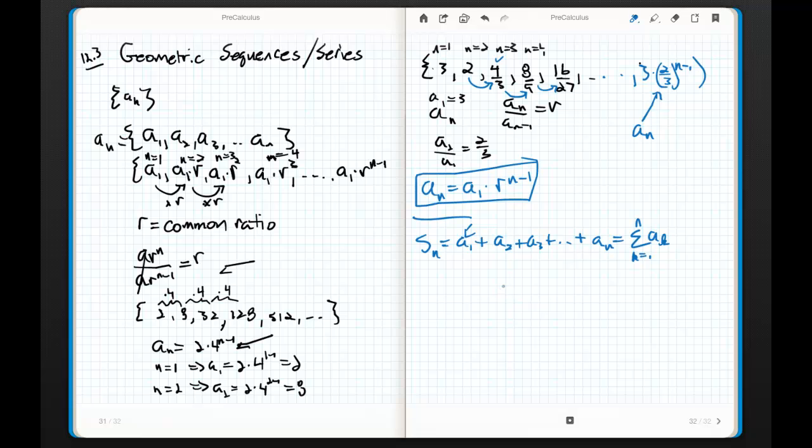See how that works? So really, this a sub n right here, we could write this as a sub 1 plus a sub 1 times r plus a sub 1 times r squared plus a sub 1 times r cubed plus dot, dot, dot, plus a sub 1 times r to the n minus 1, right?